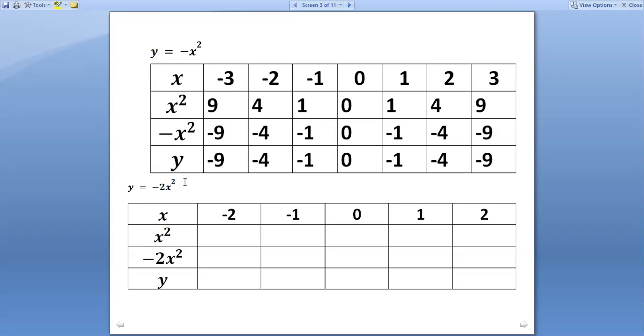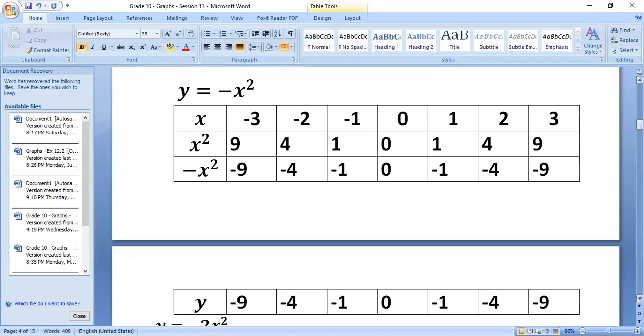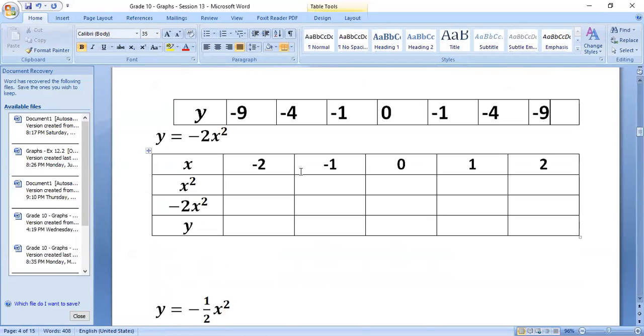Next, let's move on to the graph of the function y equals negative 2x squared. In order to fill this table, first I have to take the value of the x squared row. That means you have to multiply the values in this row by that value itself. Then you will get positive 4, positive 1. Then, to obtain the value of negative 2x squared, you have to multiply the values you obtain.